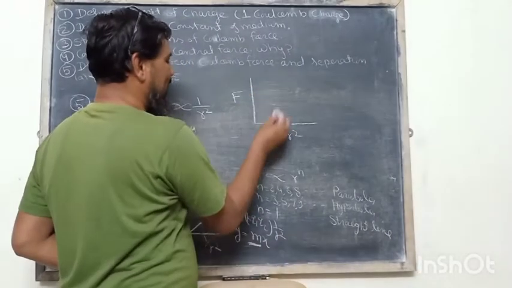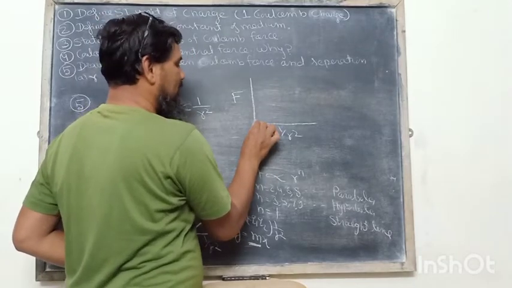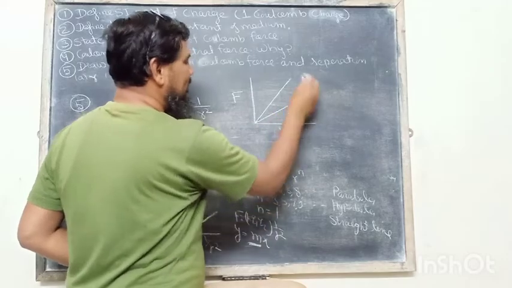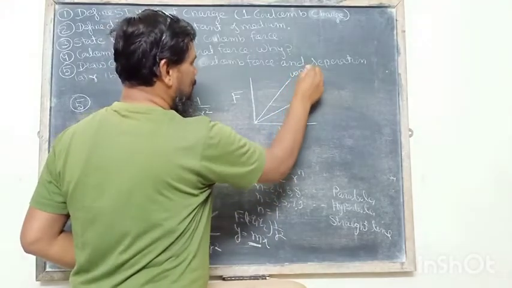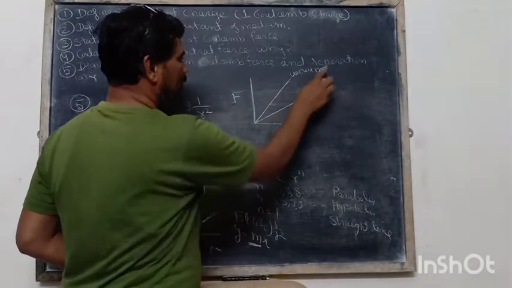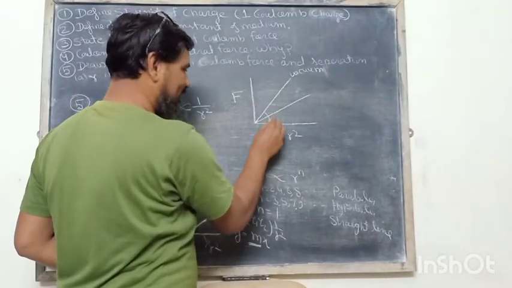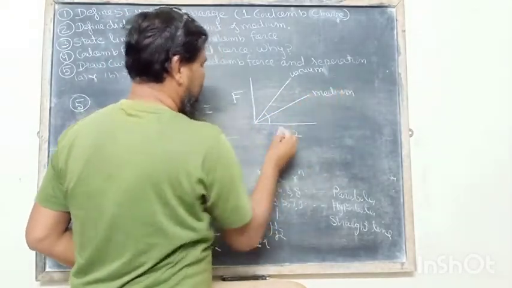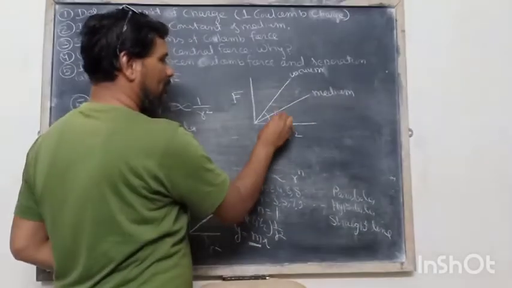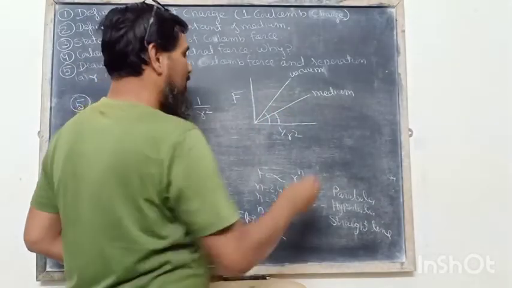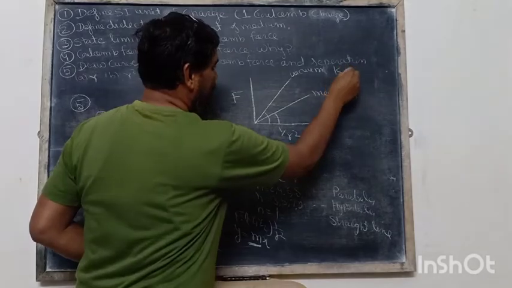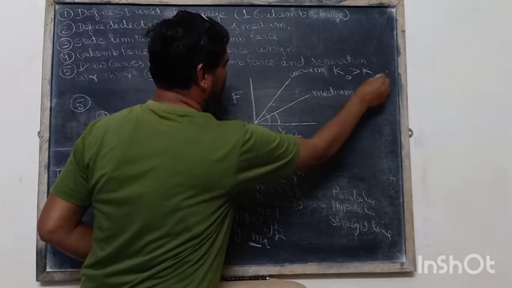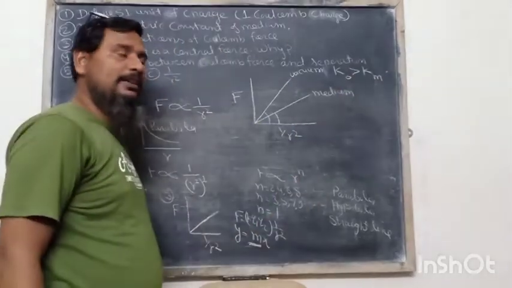In this case, if we want to draw the curve for vacuum and medium, then this curve is for vacuum, because the slope of this curve is greater, and this curve is for the medium, because the slope of this curve is smaller, because the value of K for vacuum is greater than the value of K for medium.